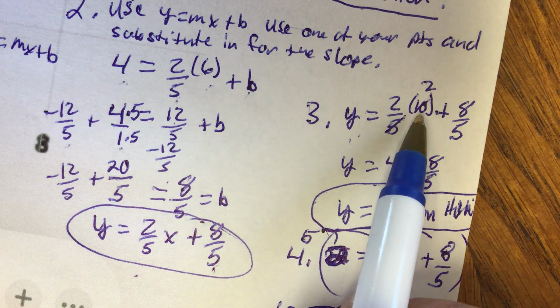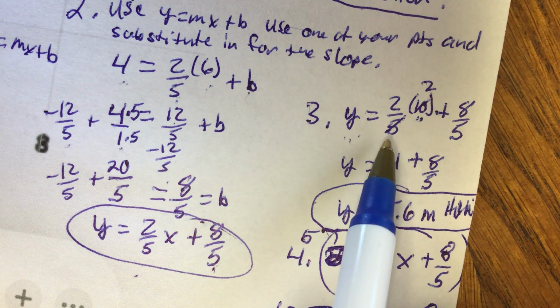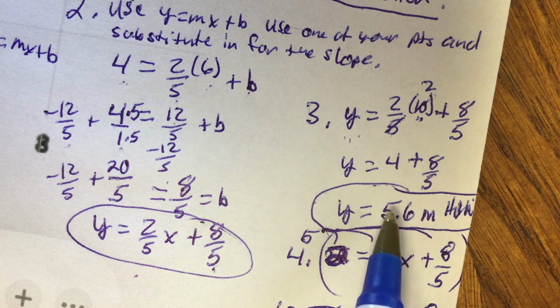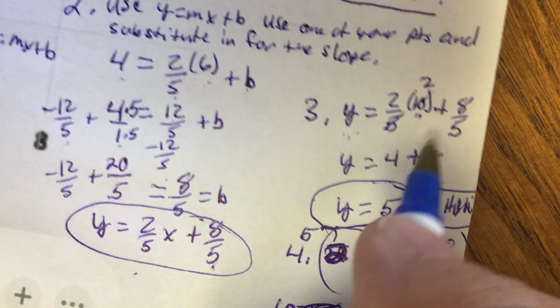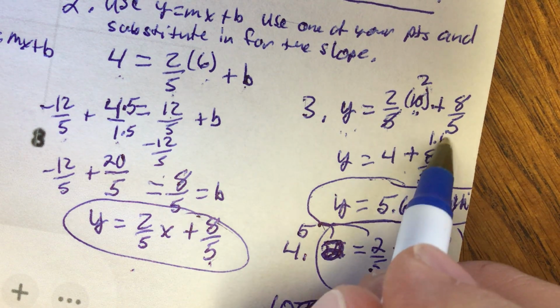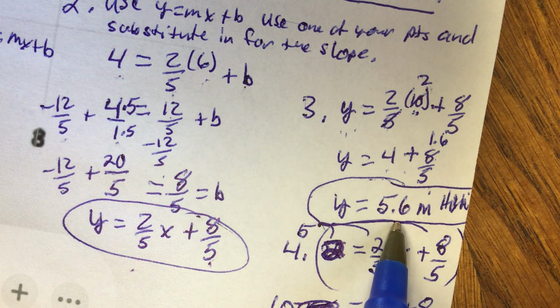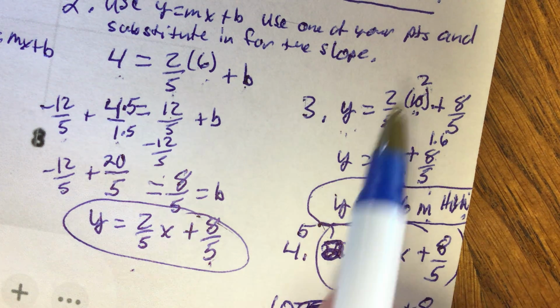If the diameter is 10, what will the height of the tree be? 5 divides the 10 twice, so 2 times 2 is 4, plus 8/5. Now this wants it in decimals anyway, so 8/5 is 1.6, and 4 plus 1.6 is 5.6 meters in height. That's how high I expect the tree to be when the diameter is 10.